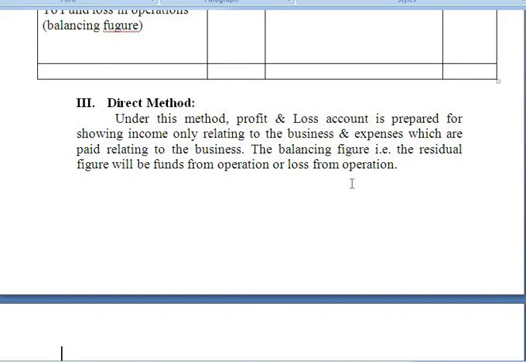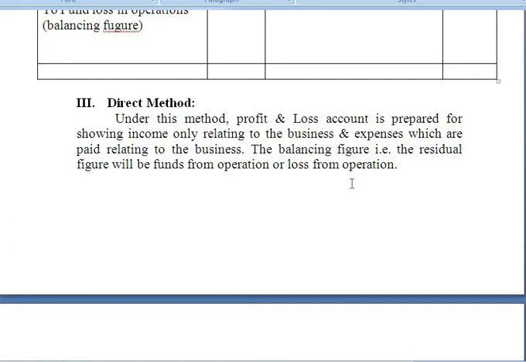Instead of taking all operating and non-operating income and expenses, we take only the revenue earned from the operations, and from that revenue we deduct all the expenses relating to that revenue. If the balance is positive, that is funds from operations. If the balance is negative, that is loss from operations.